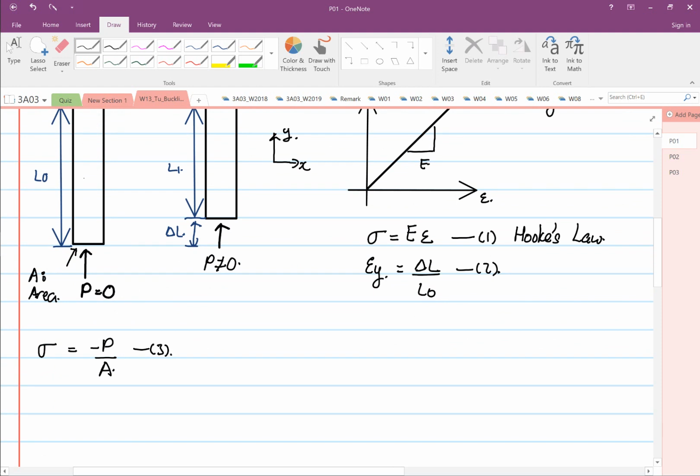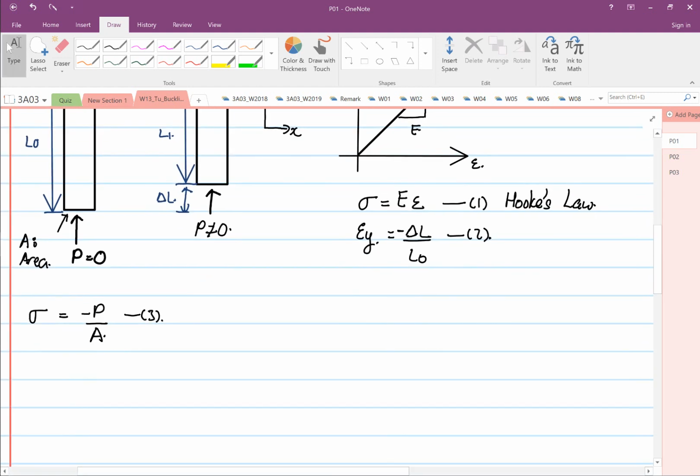Since the structure is under compression, the change will be negative. So we substitute equations 2 and 3 into equation 1.